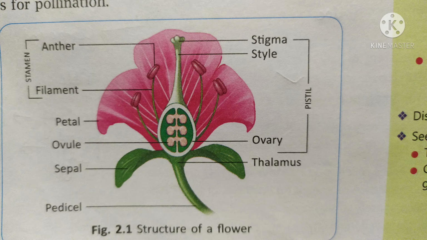Next you can see the gynoecium, which is the female reproductive part of a flower. Gynoecium is the fourth and the innermost whorl of a flower. So next to petals was androecium, the male reproductive part, and the fourth or innermost whorl is the gynoecium, the female reproductive whorl.